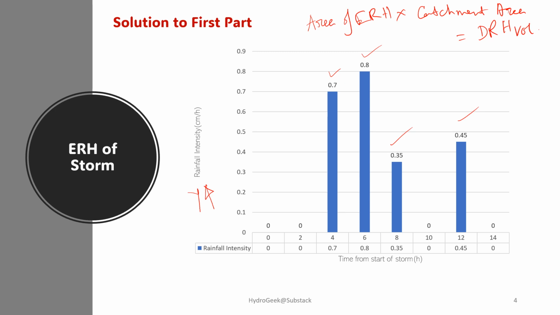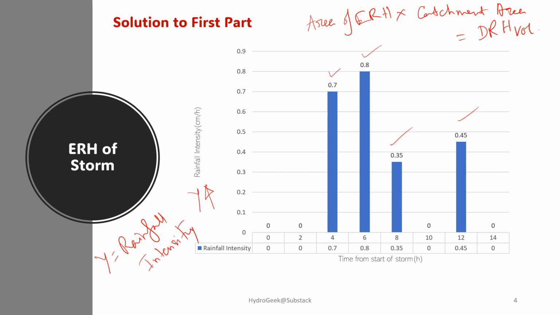represented in the unit centimeter per hour, because we are representing rainfall intensity, not rainfall. Always remember that for a hydrograph, the y-axis represents rainfall intensity, not rainfall volume or rainfall depth.